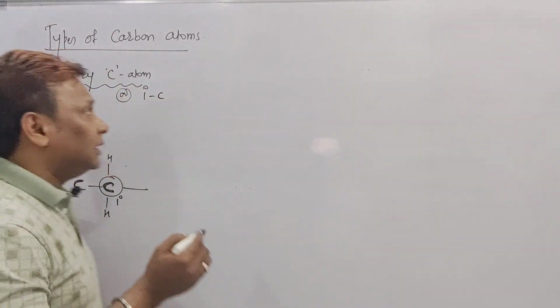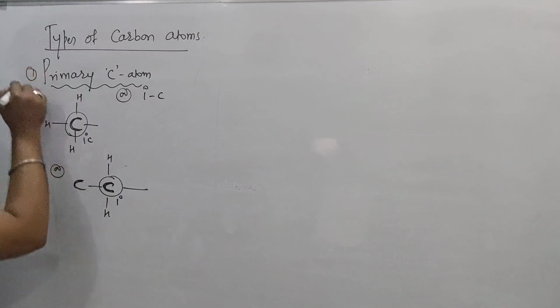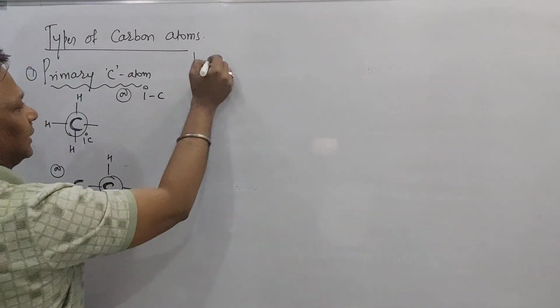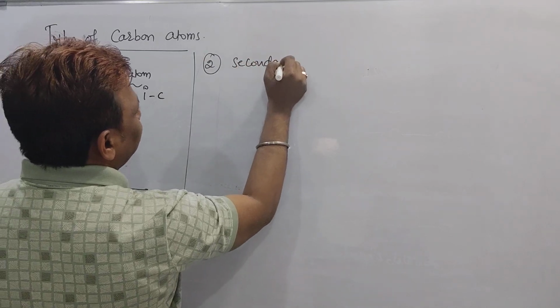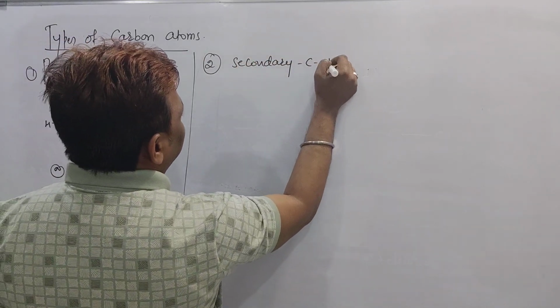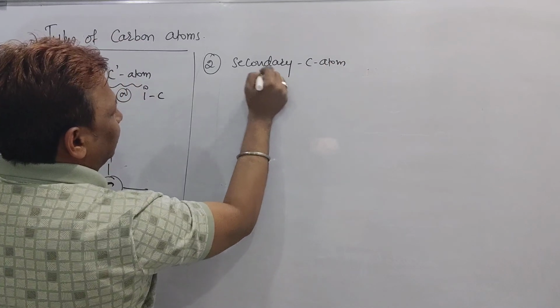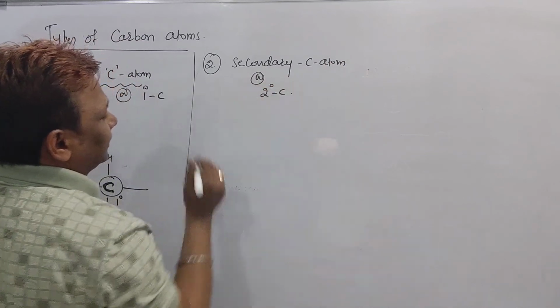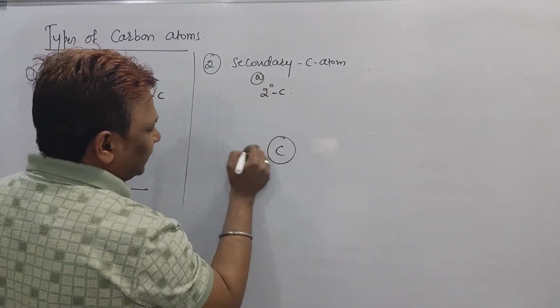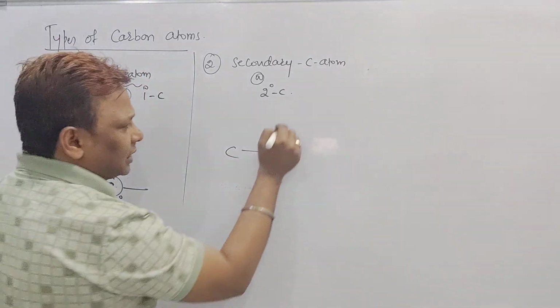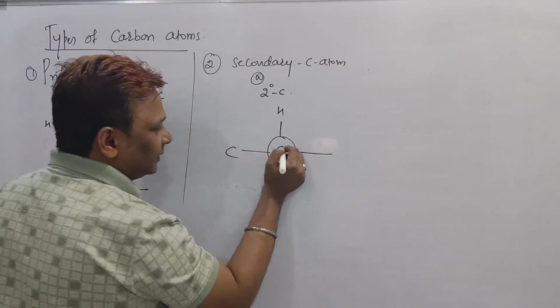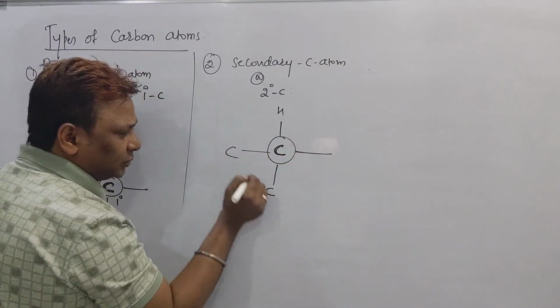The second type of carbon atom, beta. This is the first type. The second type of carbon atom is called a secondary carbon atom. Sir, what is a secondary carbon atom, beta? A secondary carbon atom is denoted as a 2 degree carbon atom. See here, this carbon atom attaches with 2 carbons.